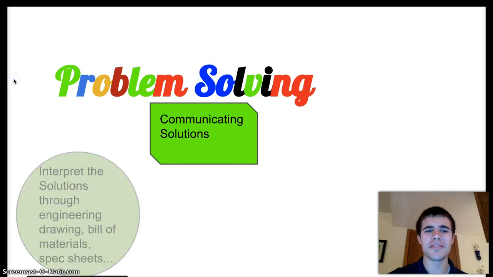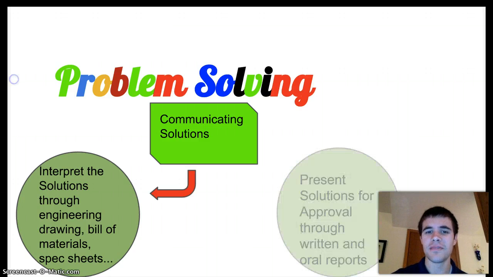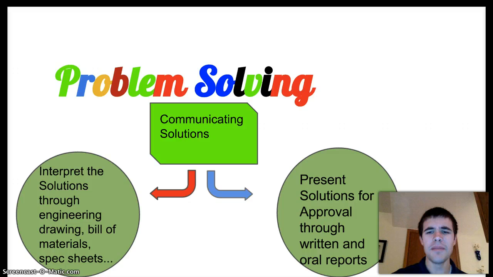And then communicating the solution. You have to be able to interpret the solutions through engineering drawings, build materials, spec sheets. If you cannot communicate your idea to someone so that they understand, so they can see what's going on, then nobody's going to want to use your idea. And then present solutions for approval through written and oral reports.